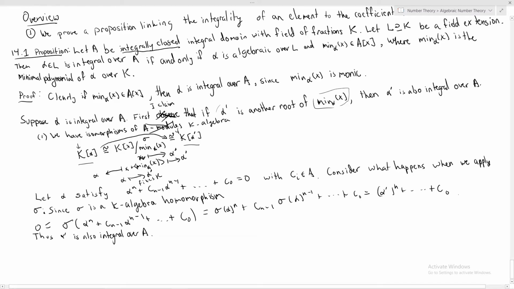It tells me that all the roots of the minimal polynomial of alpha are integral over A. So moral, yes, all the roots of min alpha of x are integral over A.